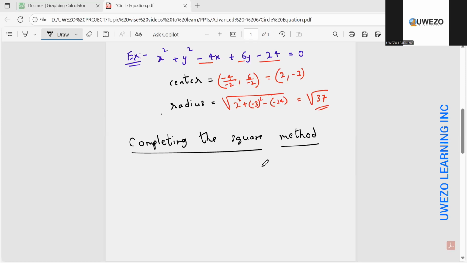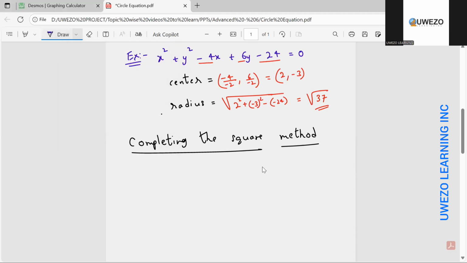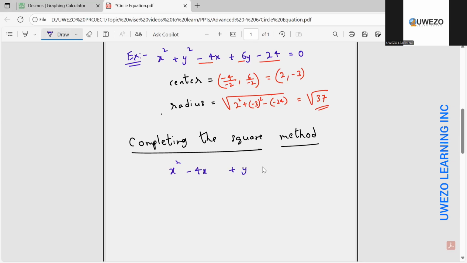We could also identify the radius and center by completing the squares so that we again get the standard form. So for that, we can rewrite the equation as x square minus 4x plus y square plus 6y minus 24 equals 0.